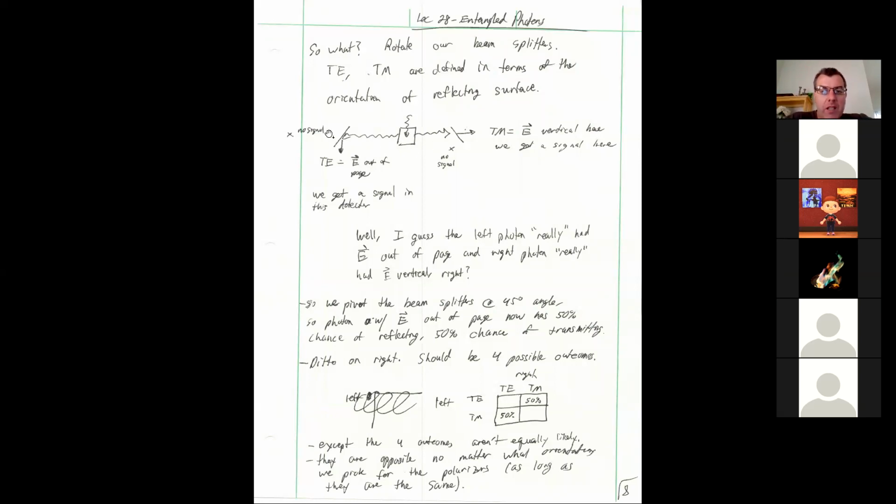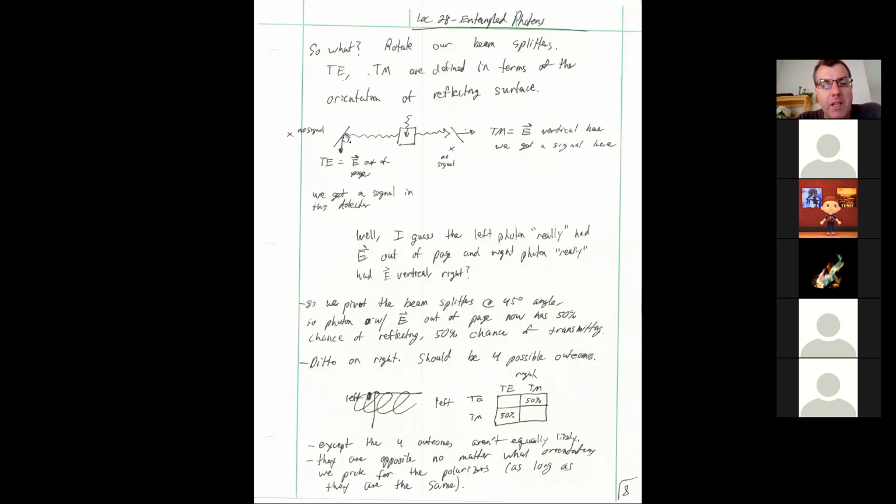You could say, well, maybe we set up so this one was really horizontal, and this one was really vertical. And then the next photon gets emitted, and just by chance, the one going left was really vertical, and the one going right was really horizontal. That's what we would like to think. We'd like to think that we set them up this way, and just by chance, we can only get one or the other.